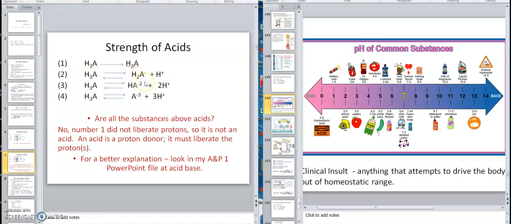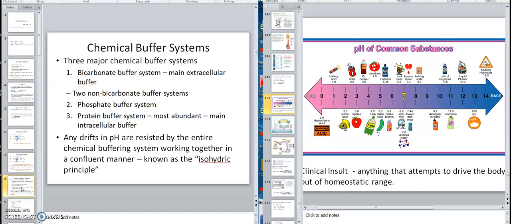Okay, now again, go back and kind of tie this into my ANP1. A buffer resists a change in pH. Let's just say it like that. So what buffers do you have in your body? Well, you have the bicarbonate buffer system. That's the main extracellular one, the one we were talking about. Remember when I said CO2 being carried as a waste could still be useful as forming a buffer.